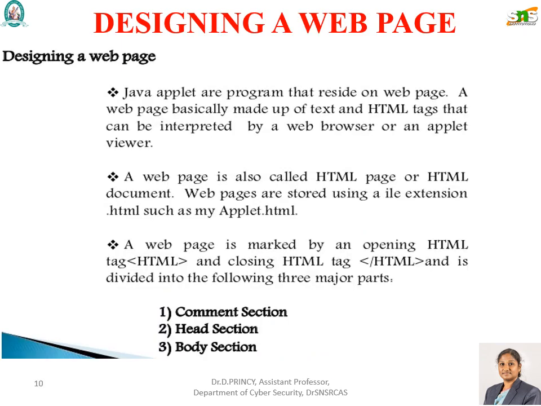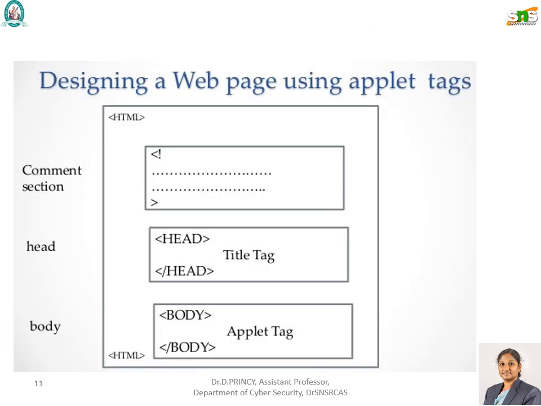Designing a web page. After creating the .class file, we have to move to the step of creating an HTML file. An HTML file contains many HTML tags. It contains three sections: comment section, head section, and body section.